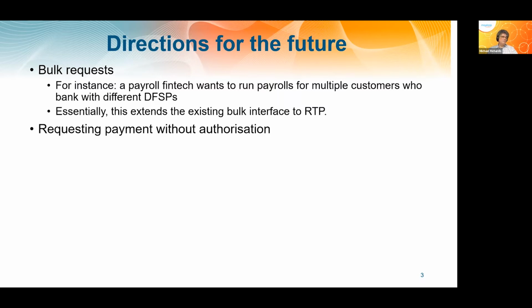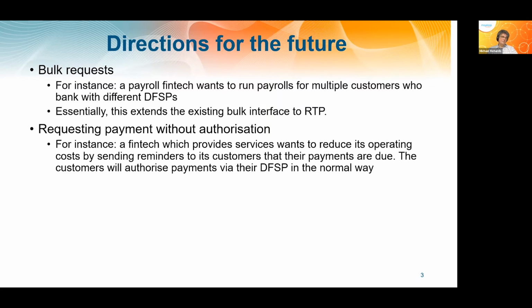We also might want to think about requesting payment without authorization. An example here is to think, let's say, of a fintech which provides services to customers, and the fintech wants to reduce its operating costs by sending reminders to its customers that subscription payments are due.